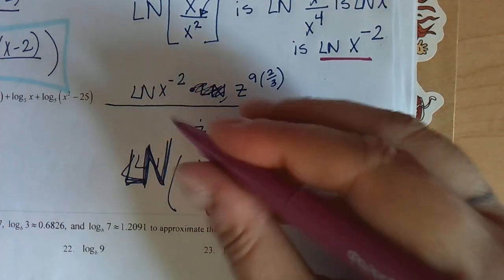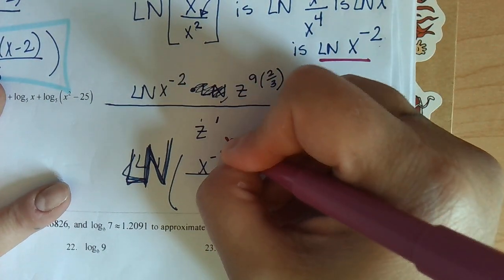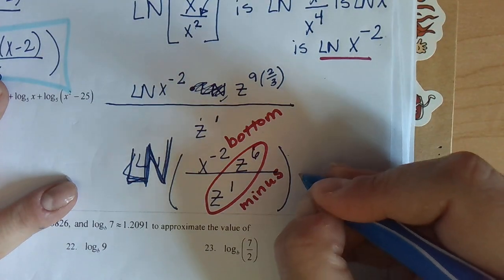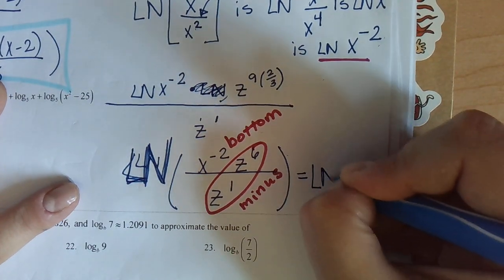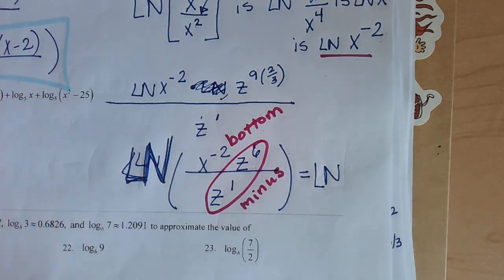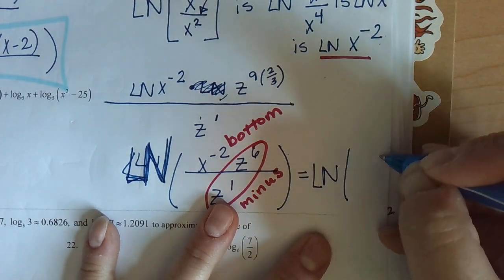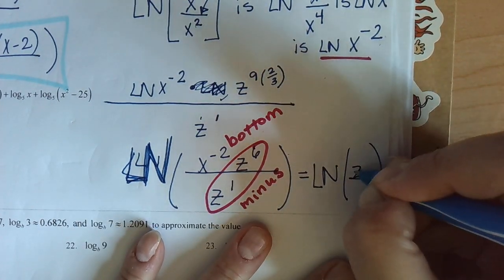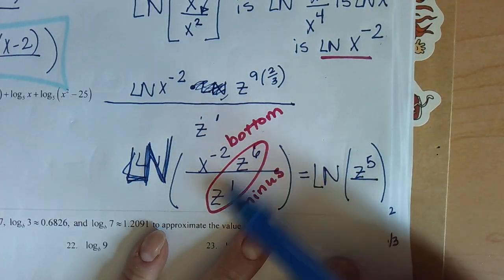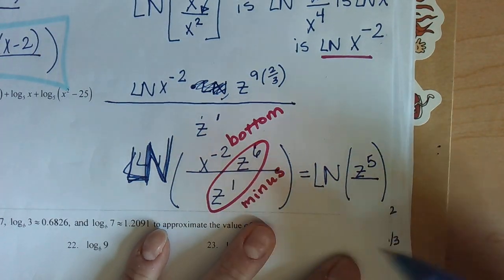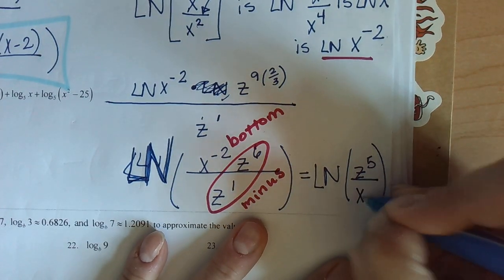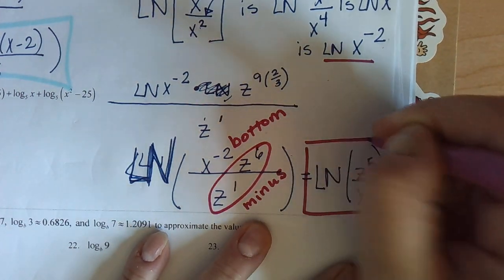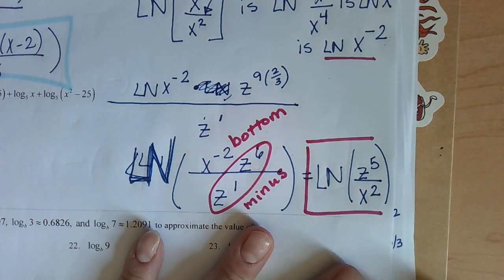So I'm going to put this x to the 2 in the bottom. Our final answer needs to have one single log, ln. Done. Our final answer has z to the 5th in the top, and then the x goes on the bottom with a 2. And it goes to the bottom because it had a negative exponent.